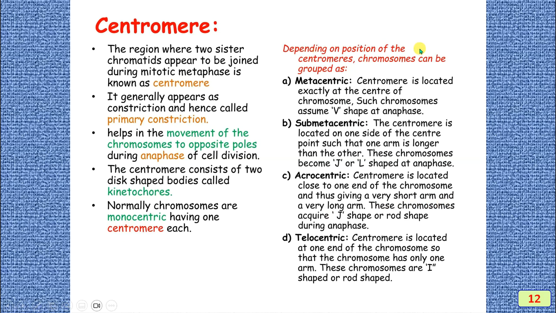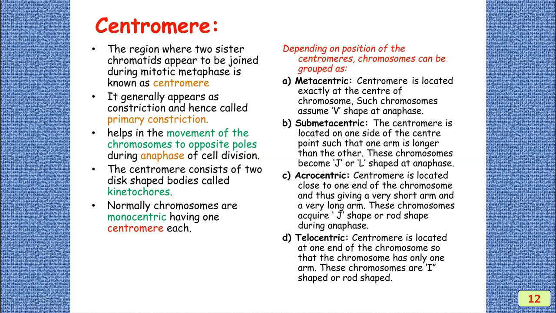Depending upon the position of the centromere, we can classify chromosomes as metacentric, where the centromere is located exactly at the center of the chromosome. Such chromosomes assume a V shape at anaphase, whereas in submetacentric the centromere is located on one side of the center, so one arm is longer than the other.